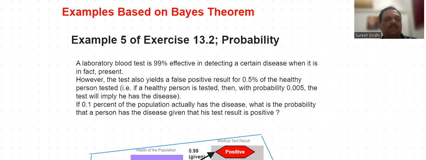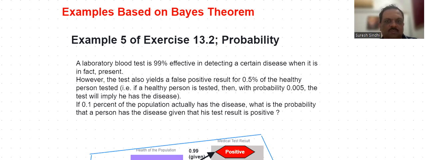So before solving this example, first of all, let us understand what we mean by positive, negative, true, false, and so on. Because these are the terminologies used especially in the medical field.